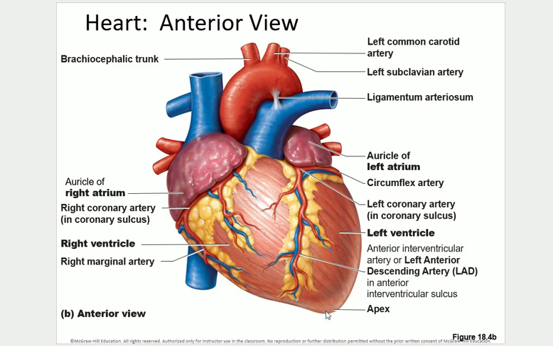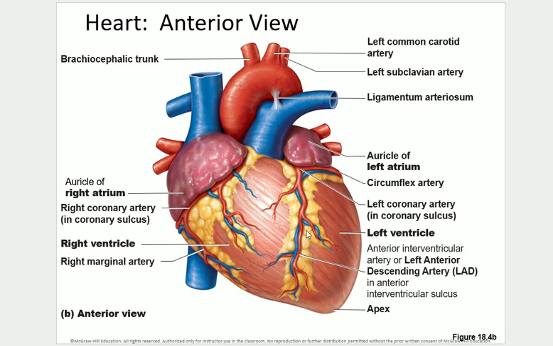Seems wrong, but it is what it is. And the best way to remember is just apex, tip, and then base, basically where all the arteries come out of. All the vessels, arteries, veins, etc.